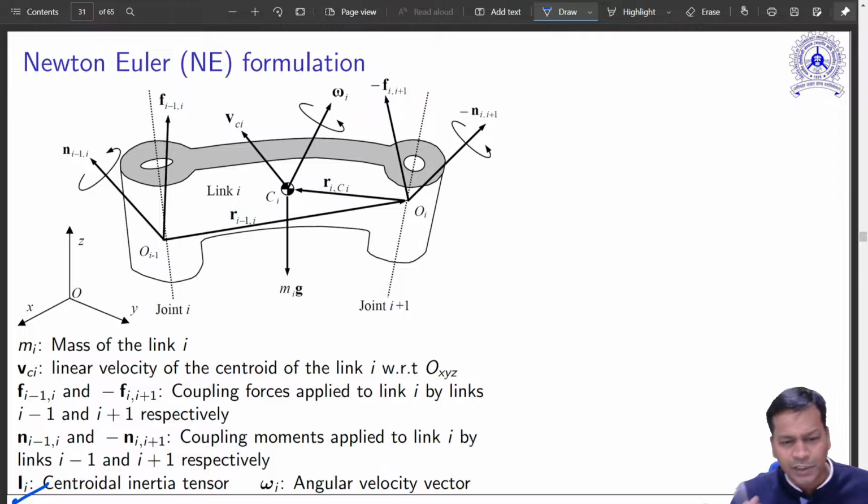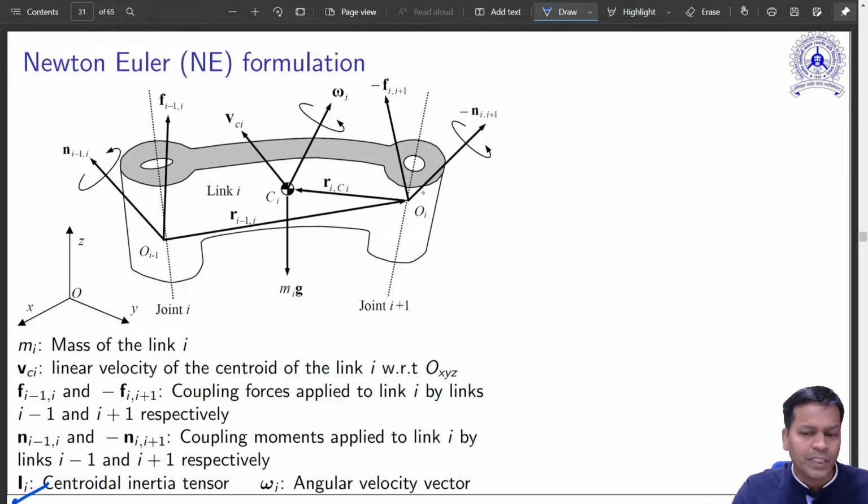So this method, Newton-Euler formulation, basically draws the free body diagram of each link independently, one by one, and then all the FBD equations are clubbed together and solved to get the external forces as well as internal forces. So all the forces are to be evaluated. In Lagrange-Euler, we were not bothered about any internal forces.